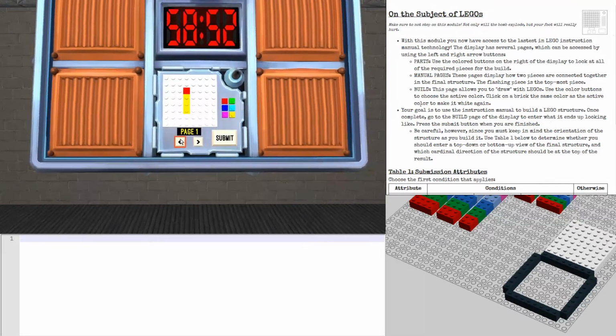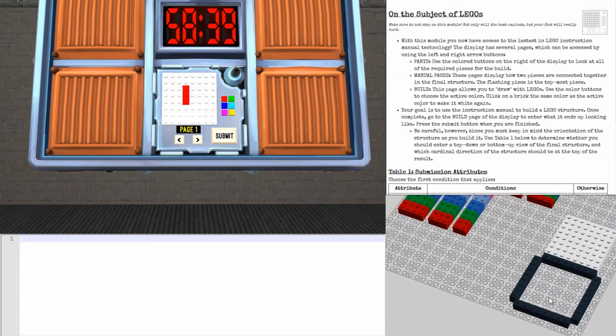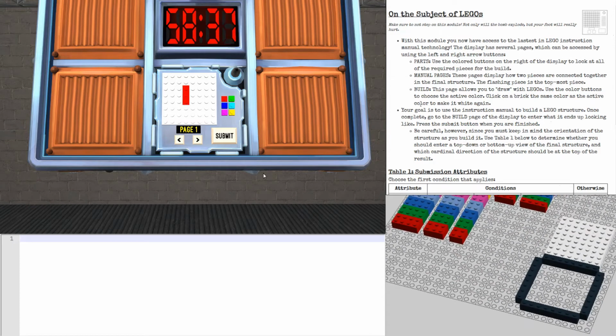And let's take a look at each of these pages. Now, the flashing one, in this case the yellow one, is on top of the other one. So let's put that in. I have a little Lego program here. So I can start with the red brick, which is a 1x3, like this one here. It's upright, like this.